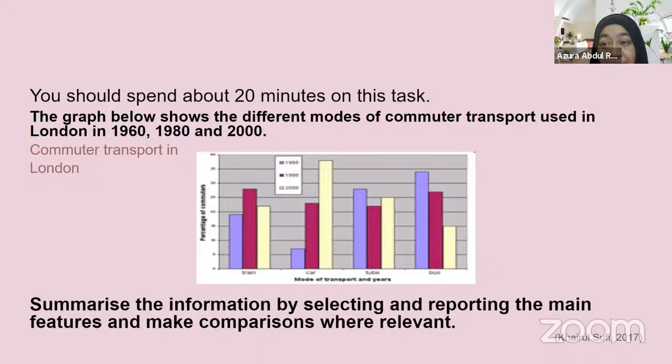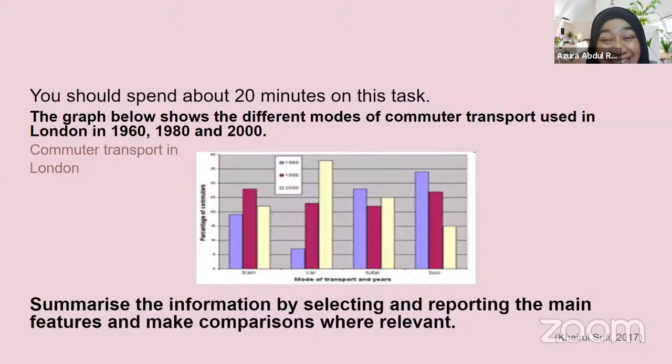Decrease. Yeah, louder, please. Who said that? Decrease, yes, Mir, decrease. So which one decreased? Bus. Exactly, very good. So what happened in 1960? They decreased.